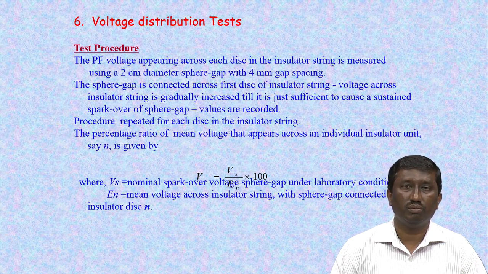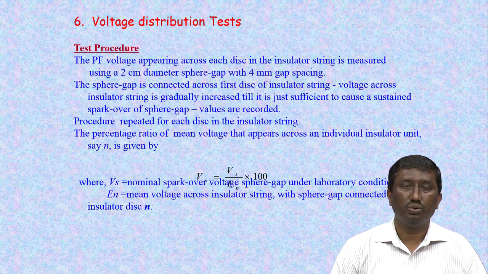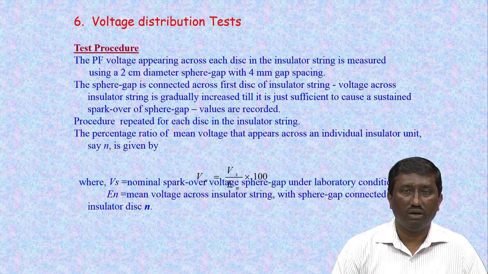The usual practice in the laboratory is to use a small sphere gap arrangement with appropriate gap spacing. Presently we will be showing a 2 centimeter diameter sphere gap, a small sphere gap with a 4 mm gap spacing, which could be used for the measurement of voltages. This has to be carried out on every disc from the line end up to the ground.